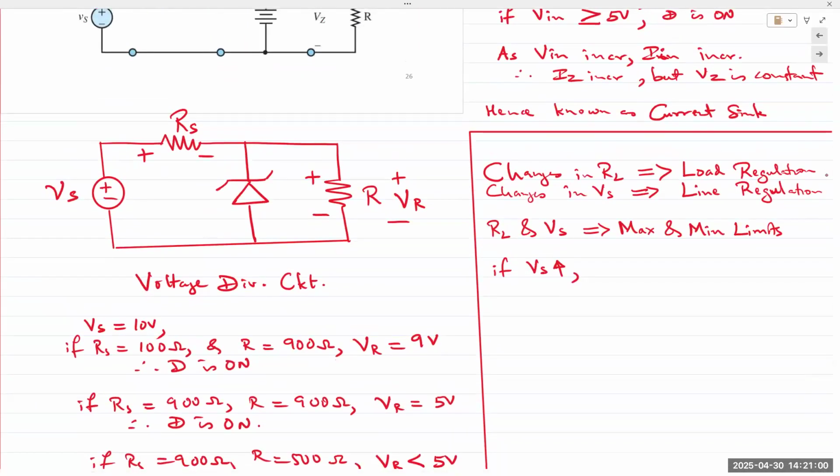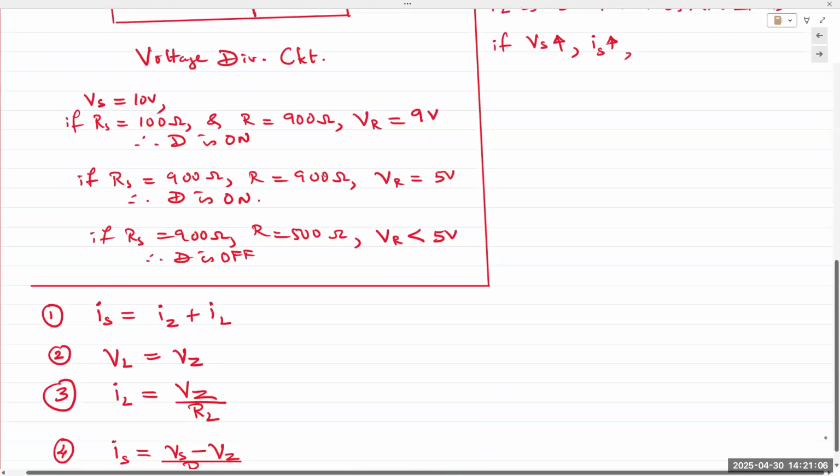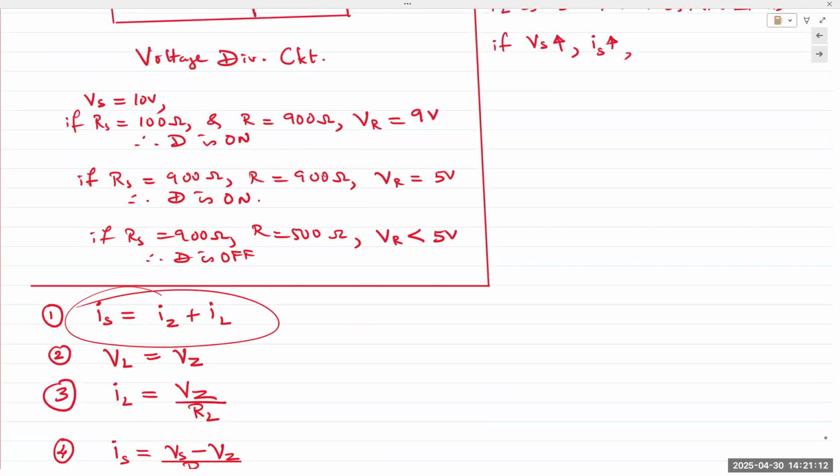If IS increases, let's observe from this first equation. So Vs increases, therefore Is increases. If Is increases, then Iz and IL both should increase. But the purpose of the circuit is that voltage at the output remain constant, meaning the load voltage VL must remain constant.